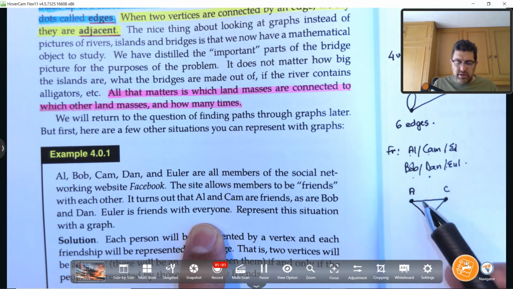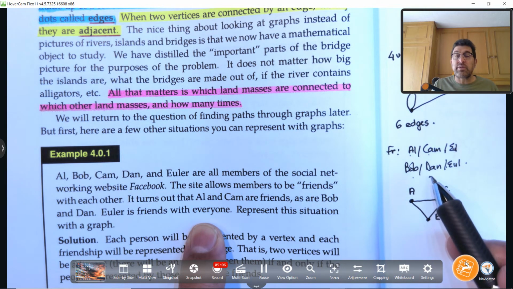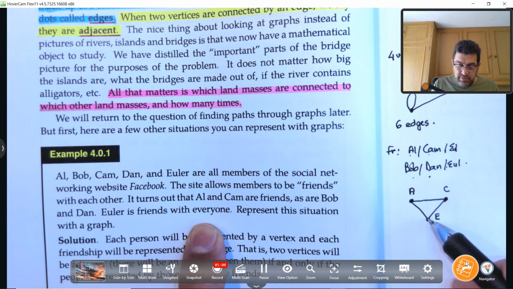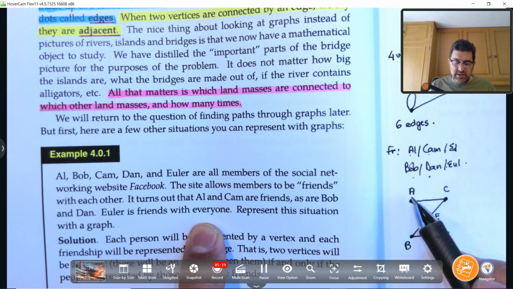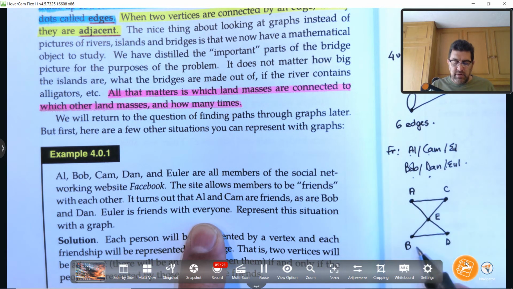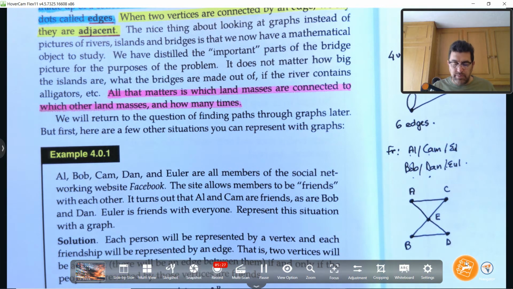Bob is not friends with Al, Dan is not friends with Cam. But they both are friends with Euler, so we can extend the graph any way we want to, as long as Bob and Dan are not connected to Al and Cam. The only connection to Al and Cam is through Euler, because Euler is a friend of all three.